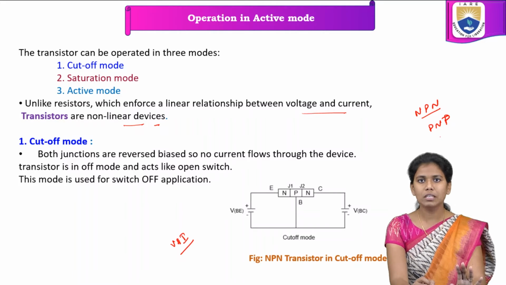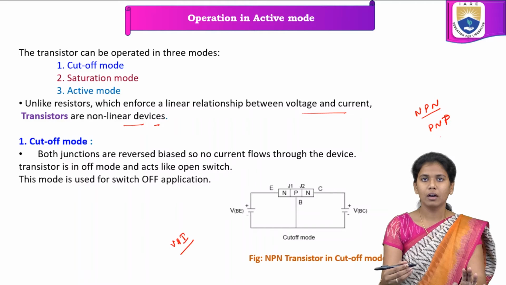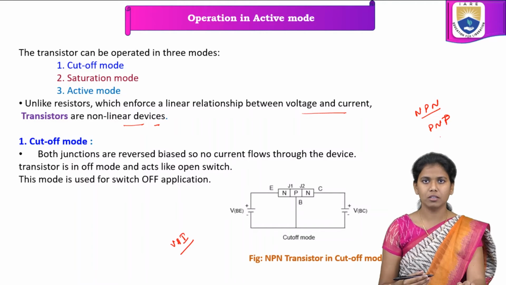Now we will discuss three different modes of operation using the BJT: the cutoff mode, the saturation mode, and the active mode.